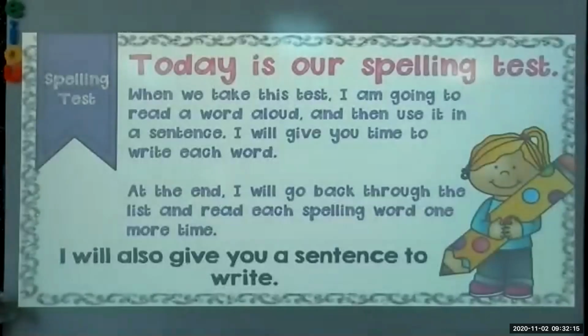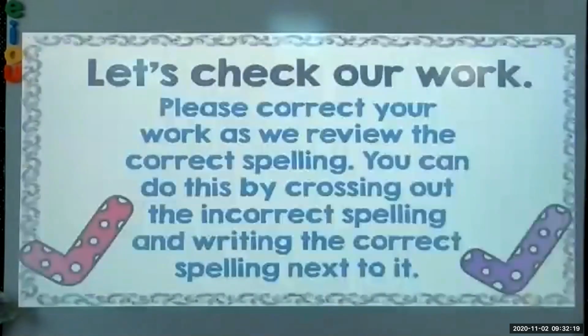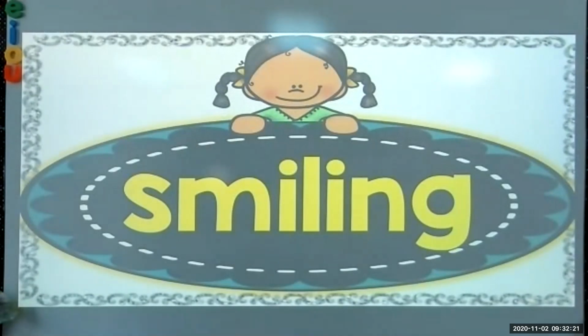Okay, so we are going to check our work. Remember, if you got something wrong, you're just going to put one line through it and write it correct beside it. Okay, so number 1 was smiling.